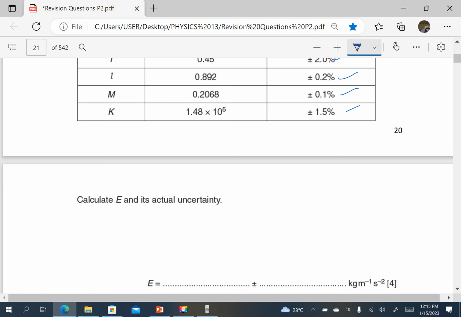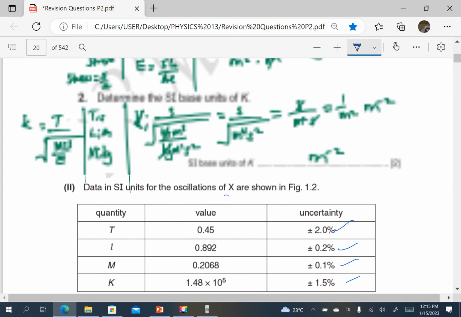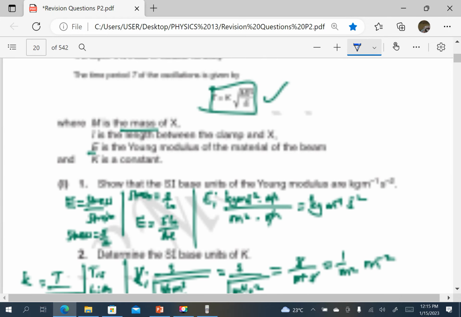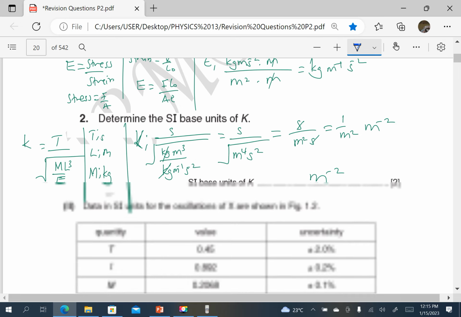So we just substitute to find E. Remember I made E the subject, or I can make E the subject here. To make E the subject here, I have to square. So I have T squared equals K squared into M L cubed over E. Then I cross multiply to find E. So E is going to be K squared ML cubed over T squared.